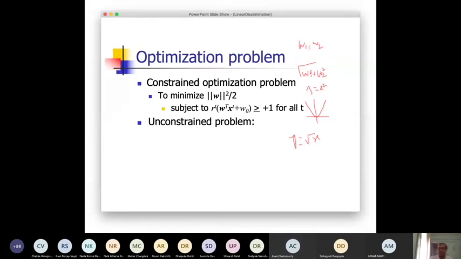Because if you have a convex function, then there exists only one global minimum. There is no question of getting stuck in a local minimum. Also, there are good properties of convergence.